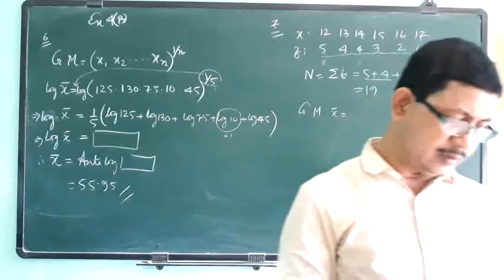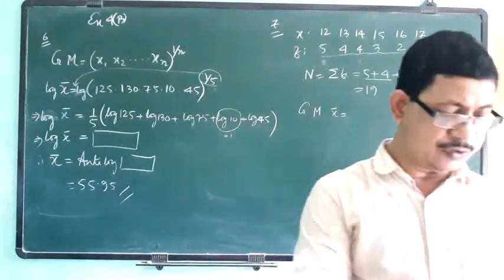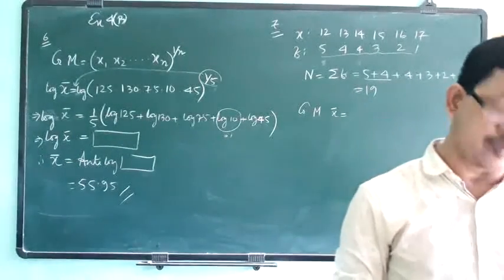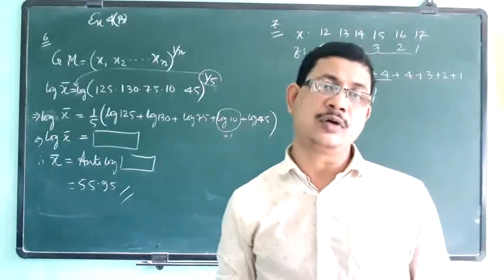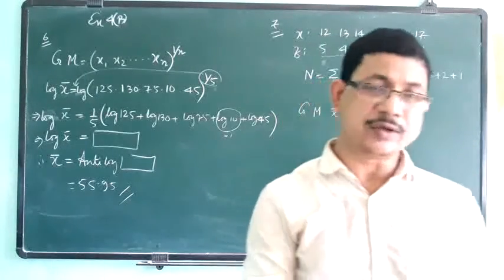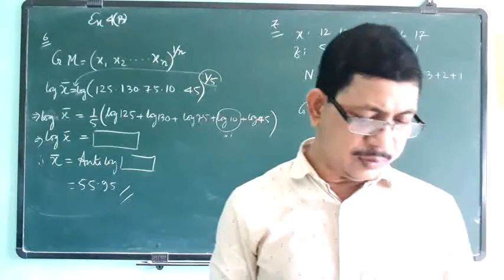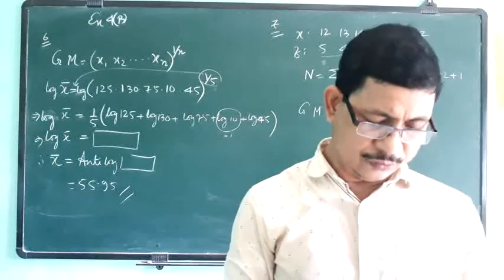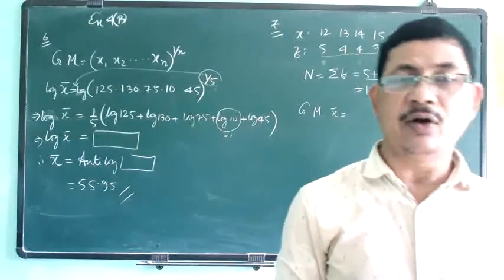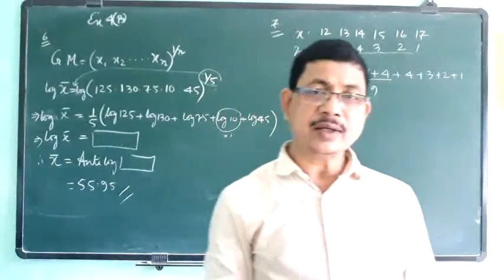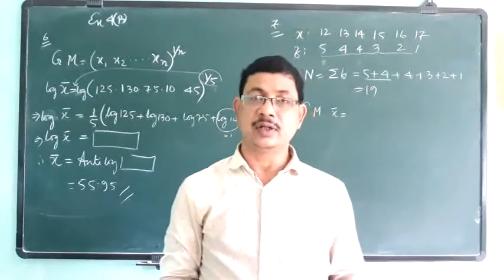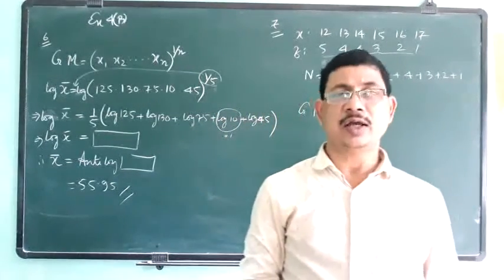One formula is for when frequency is not there, which I already said: the nth root of the product of x1, x2, x3 dot xn. If frequency is there, then its formula will be a little different, and this formula is antilog of 1 by n summation fi log xi.